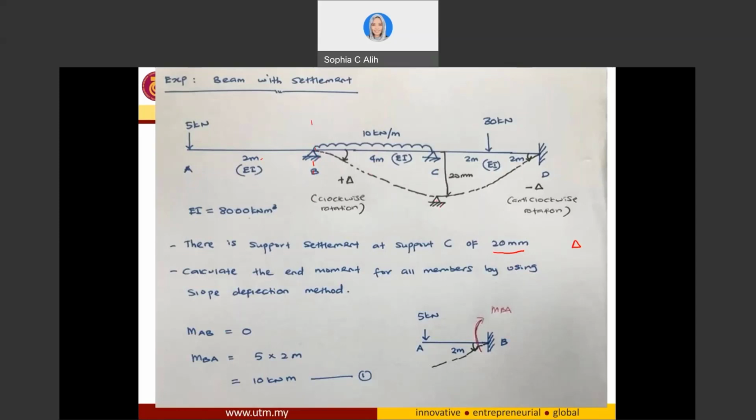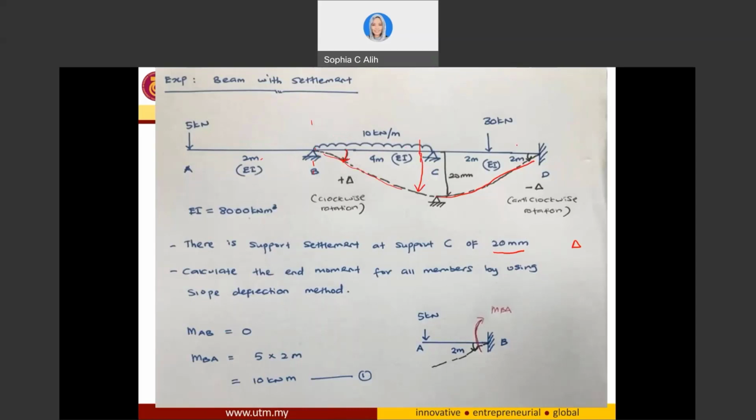Since support C is settled downward like this, the deflection of your beam is following this line, right? So your beam is going to be deflected this way. And for this one, the angle of rotation due to the settlement at the end of BC is going to be clockwise. Similarly, if I cut it on this one, for this angle, it is also clockwise.